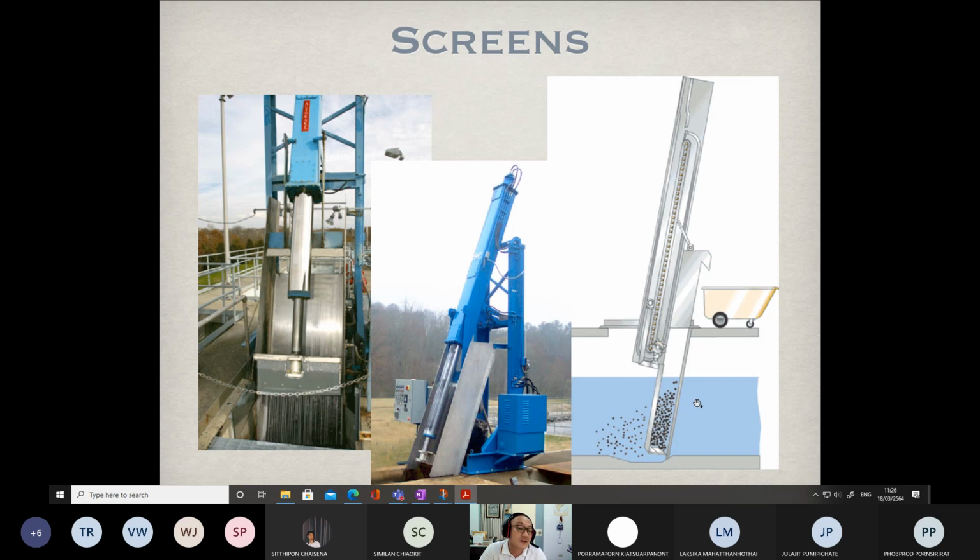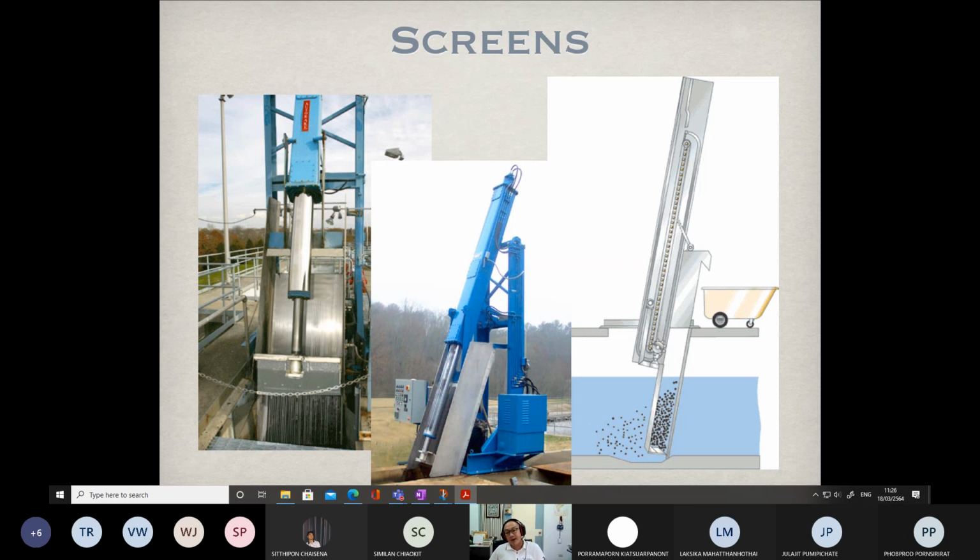Water flows through the channel, and if objects stick onto the screen, this mechanical equipment will move down and remove all the trash from the water. This is how the screen works.